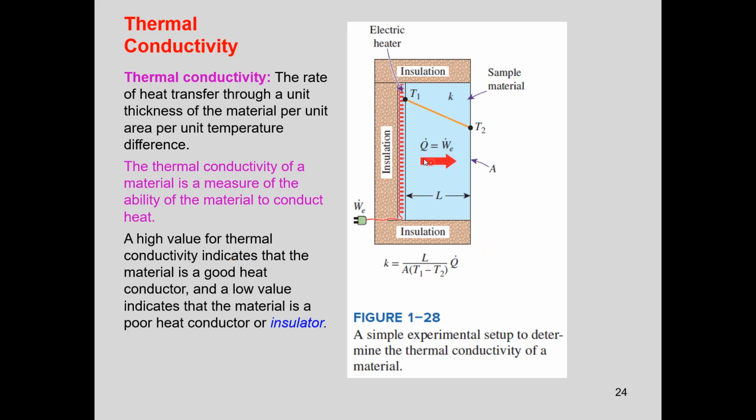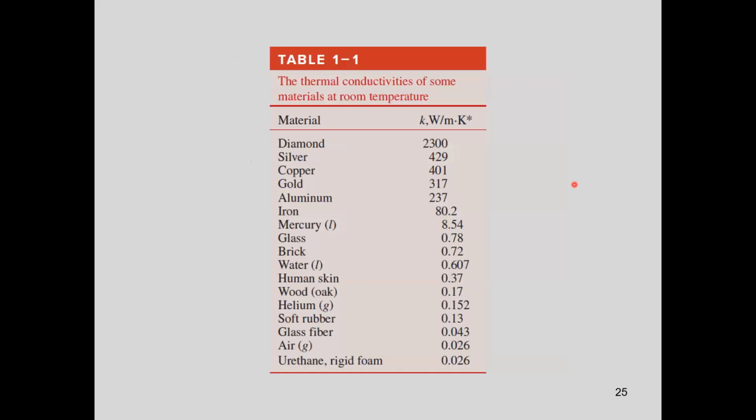This is an experimental system that can be used to measure the thermal conductivity of a substance. The thermal conductivity of some materials at room temperature: diamond, very high; silver, copper, gold, aluminum, iron, mercury, liquid mercury; glass 0.78, brick 0.72, water 0.7, human skin 0.37, wood 0.17, glass fiber 0.043.